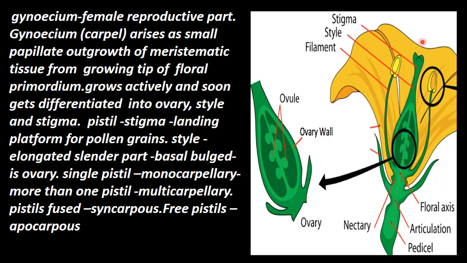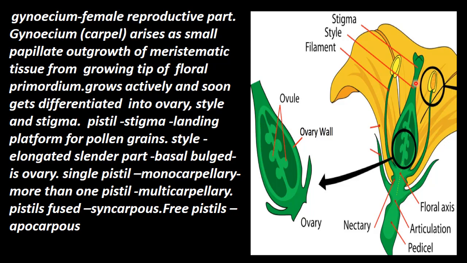The stigma is the landing platform for pollen grains. So pollen grains are to fall on the stigma for the purpose of fertilization. Okay. Style is the elongated, slender part, and its purpose is that after pollen grains fall on the stigma, each develops into a pollen tube.